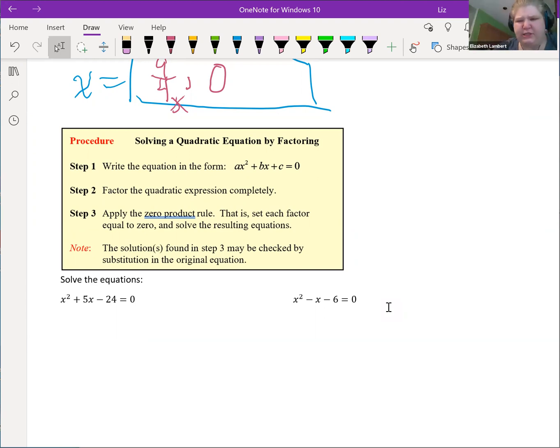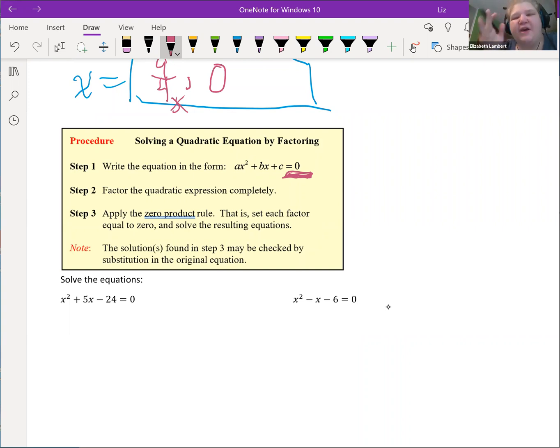All right. So here we have fancy directions for solving a quadratic equation by factoring. You factor and then you solve it. The first step, though, write the equation in the form ax squared plus bx plus c equals 0. Get everything on one side.